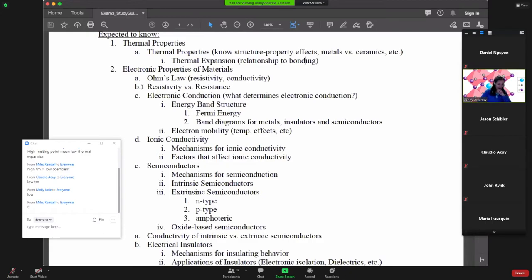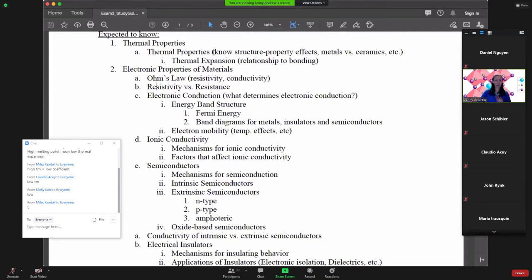That really gets me to this next bullet point, which is resistivity versus resistance. Resistance would be you have some resistor, you measure its properties, and then resistivity would be an actual material property. So resistance might characterize a specific device. Resistivity is a fundamental material property.